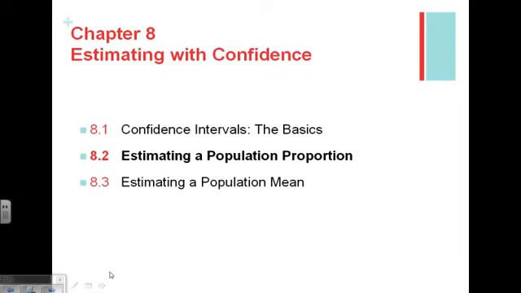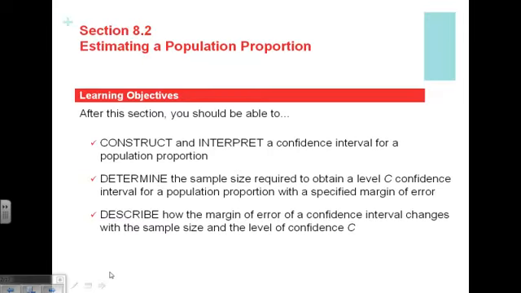In other words, we're going to be looking at particular confidence intervals having to do with proportions. Now, at the end of this, we're actually going to be working with numbers, so it's going to feel more like a math class again, and we're going to be able to construct and interpret a confidence interval for a population proportion.